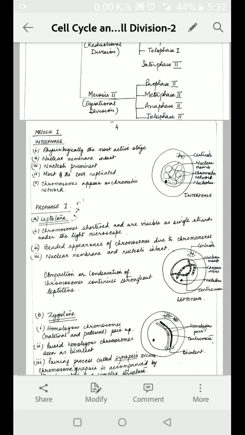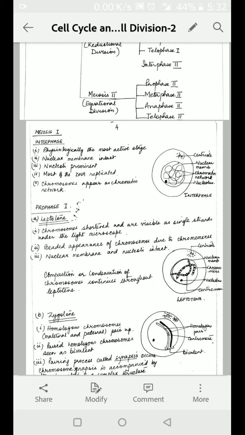So here I would say that you should be able to understand these, and for that read from the book also, write the important points, draw the diagrams, because this is something new that is being taught to you this year. You have not studied this before. So prophase 1, as I told you earlier, is divided into 5 substages.